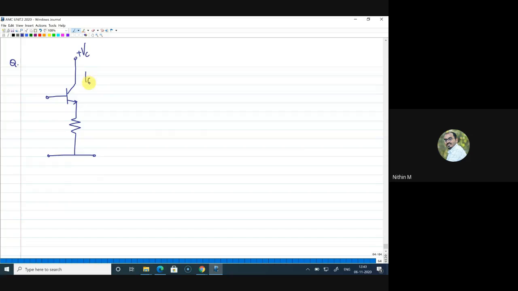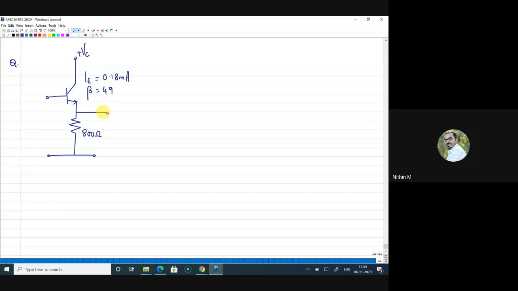Given that the emitter current is 0.18 milliamps, beta value is 49 for the BJT, and this resistance is 800 ohms.